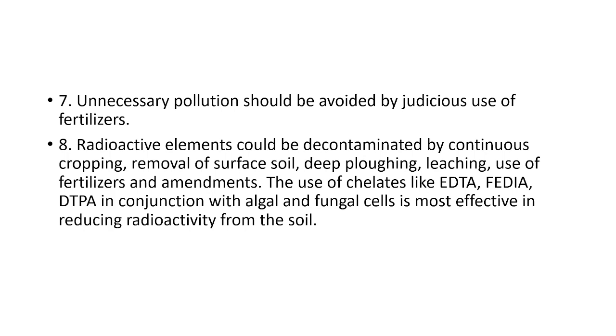The next one is radioactive elements could be decontaminated by continuous cropping, removal of surface soil, leaching, use of fertilizers and amendments. The use of chelates like EDTA, EGTA, and DTPA in conjugation with algal and fungal cells is most effective in reducing radioactivity from the soil.